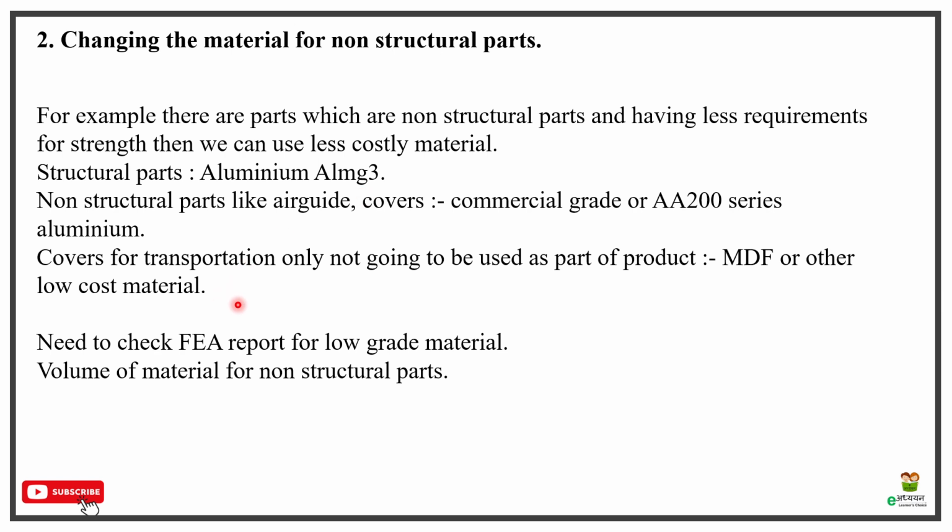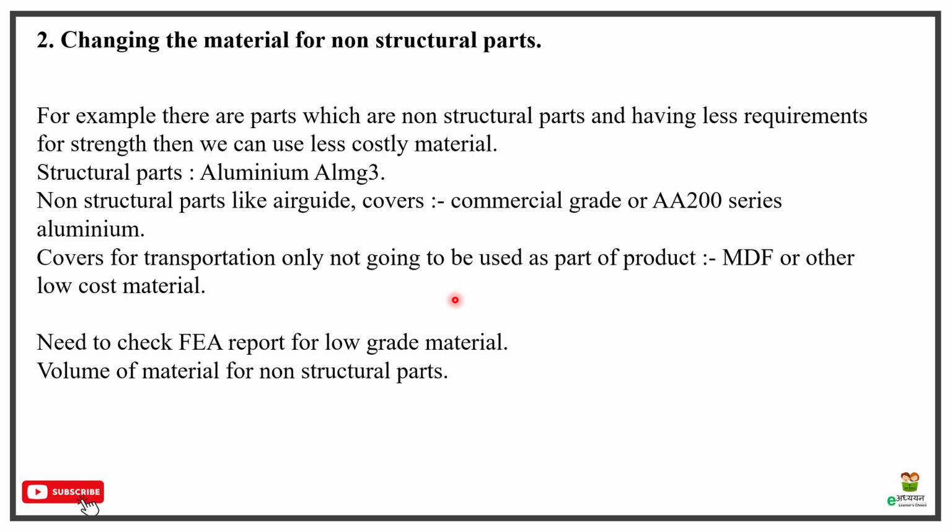For other covers which are only for transportation, meaning after reaching the destination they are removed and replaced with aluminum parts of their own design, we have used MDF or other low cost material like plastic, so that the cost can be reduced.